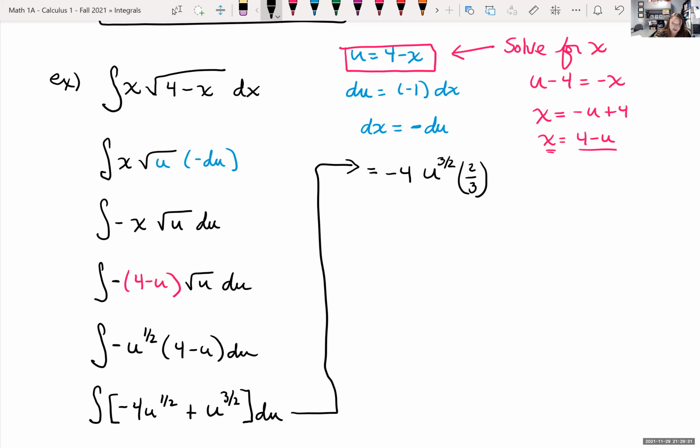So that's just the first term. The antiderivative of u to the 3/2 power: add 1 to our exponent of 3/2. 3/2 plus 2/2 is 5/2. Divide by 5/2 or multiply by the reciprocal of 5/2, which is 2/5, plus c.